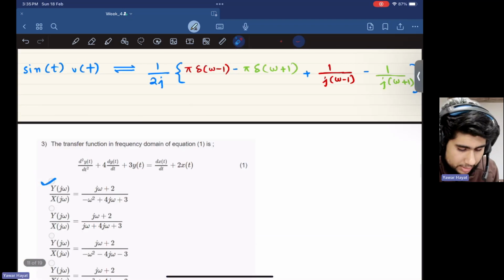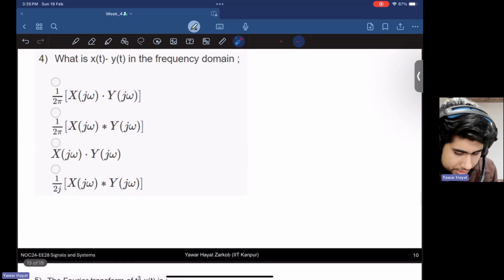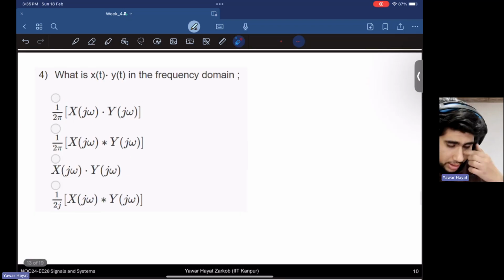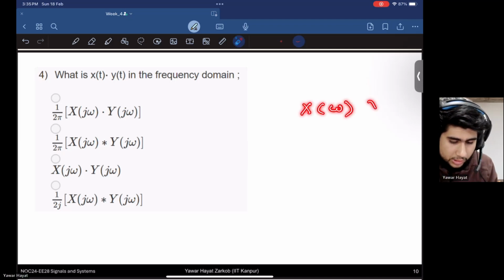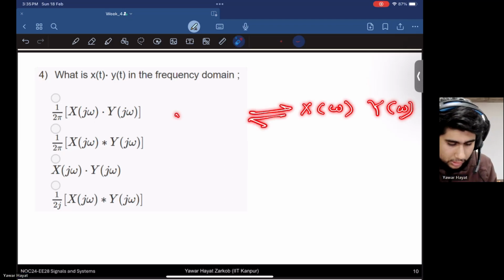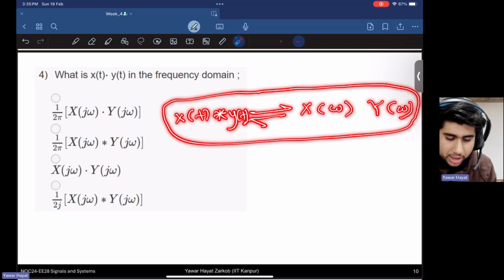But I'll do one thing. I'll show a proof for this, and maybe you can go on similar lines and try to prove the dual of this. What is the dual of this? If you have x of t convolution y of t, you'll prove this one, right? This would be a homework for you.